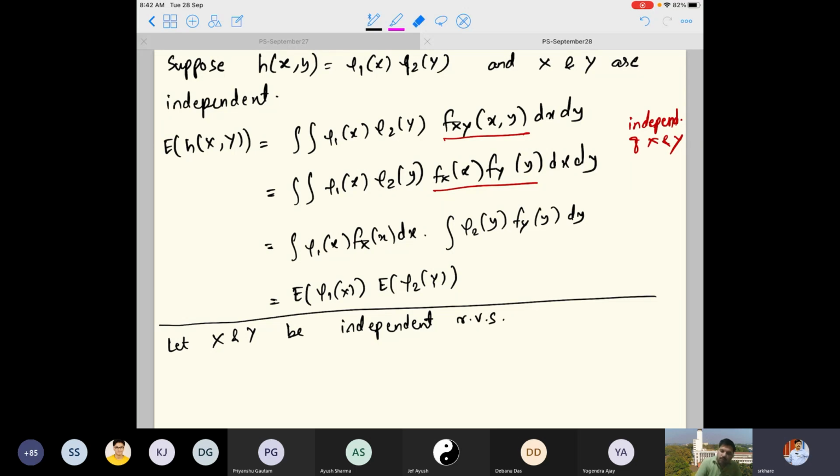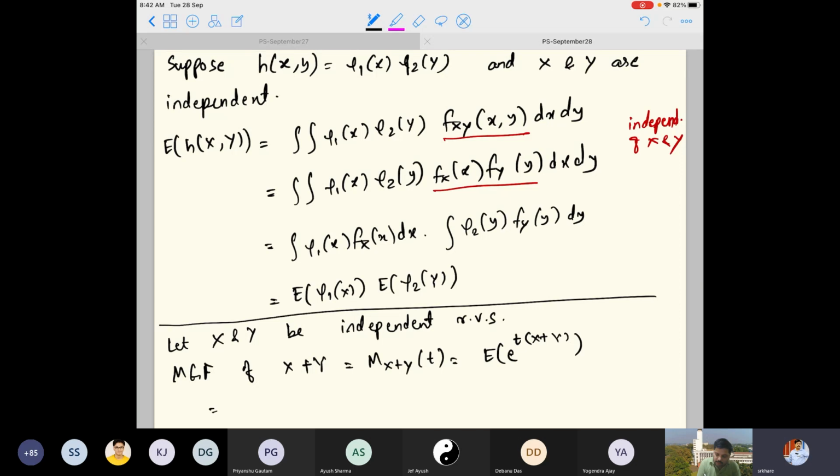Then the moment generating function of X plus Y, which is what we are interested in, is M_{X+Y}(t), the expectation of e to the power t(X plus Y).